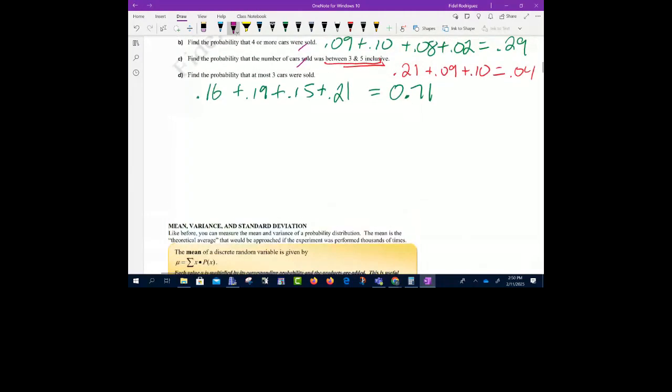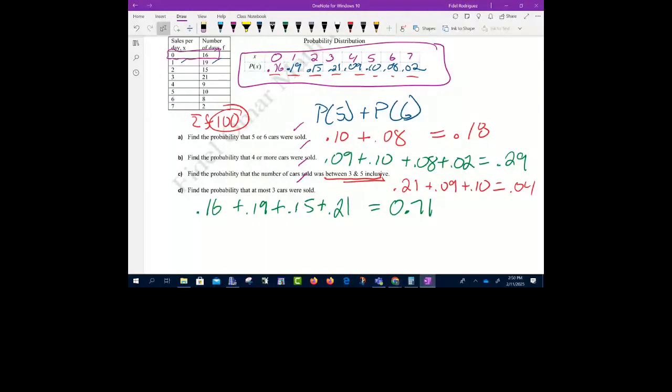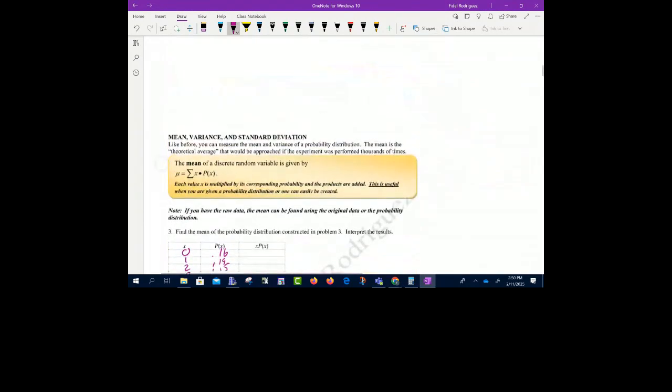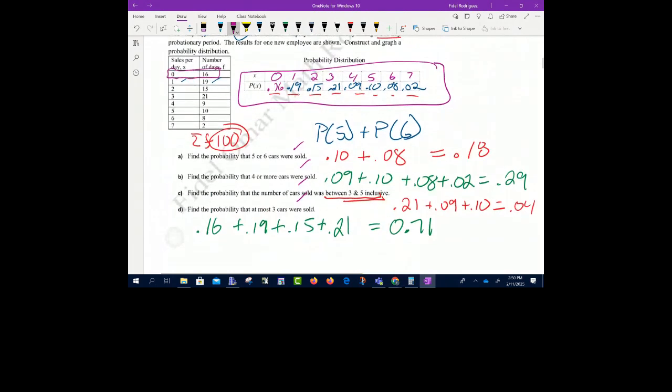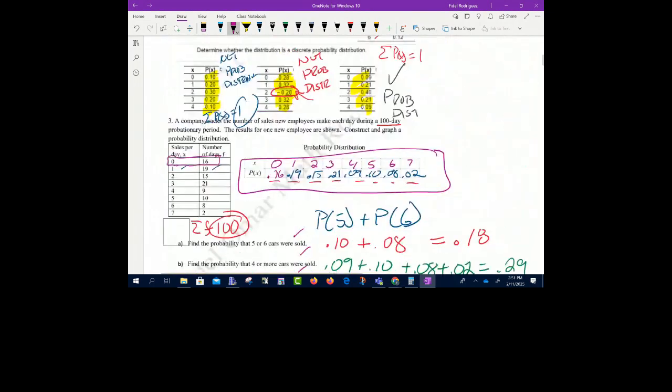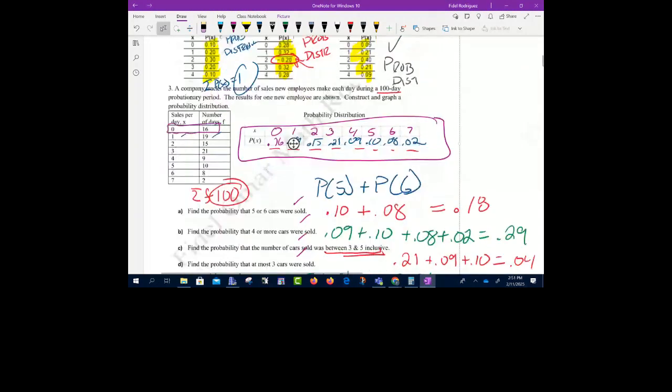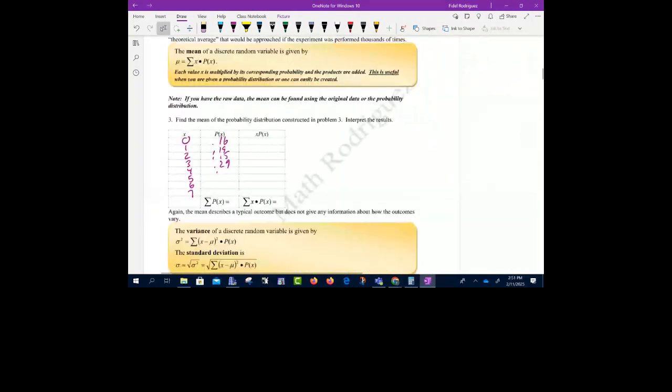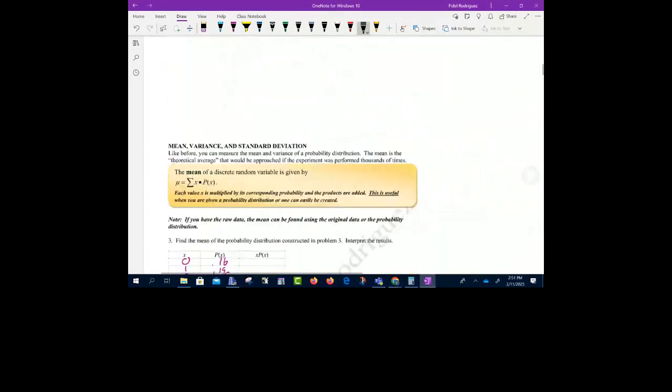And then I'm going to copy my numbers again: 0.16, 0.19, 0.15, 0.21, 0.09, 0.10, and then the last two, 0.08 and 0.02.